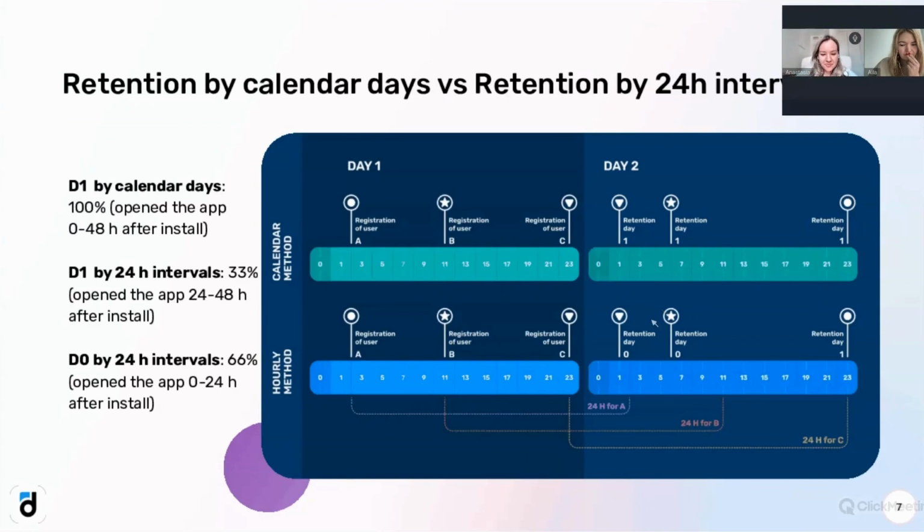If you have something to add, you can add. Basically the same. If calendar days are selected and the user first opened the app at 11 p.m. and then on the next day at 2 a.m., they will be considered to have returned on day 0 and day 1, despite the fact that only 3 hours have passed between sessions.